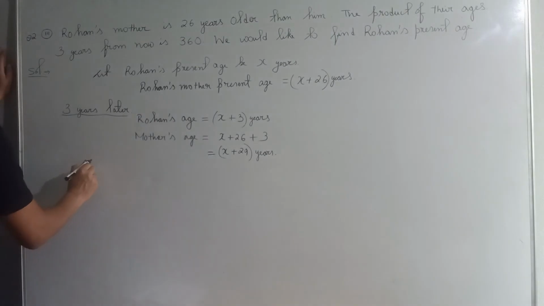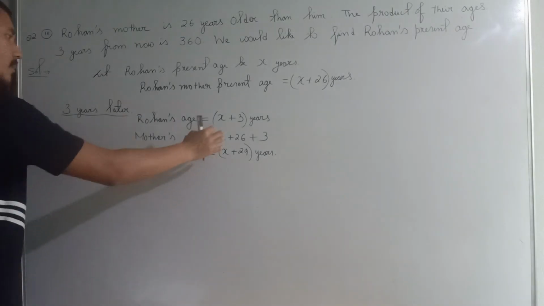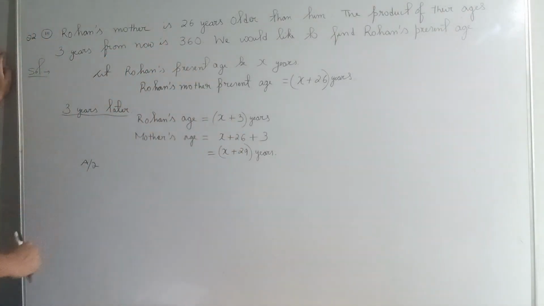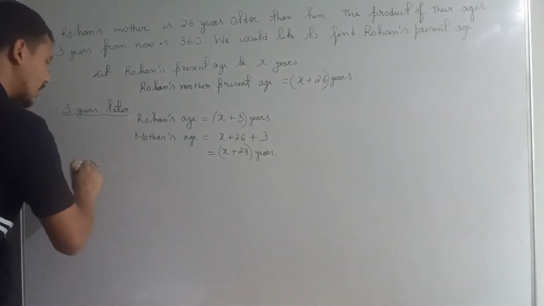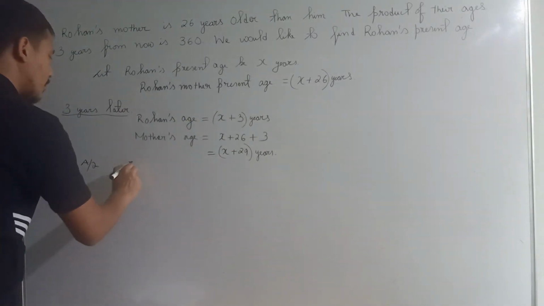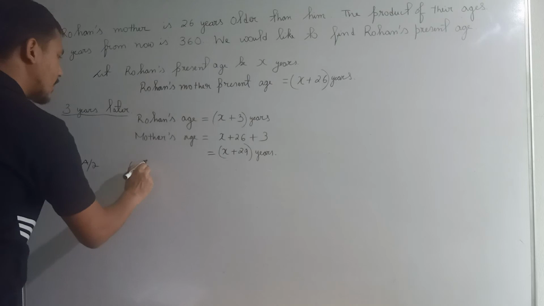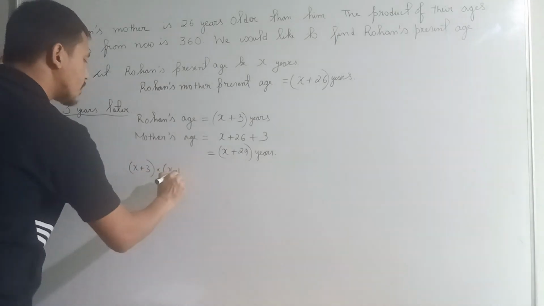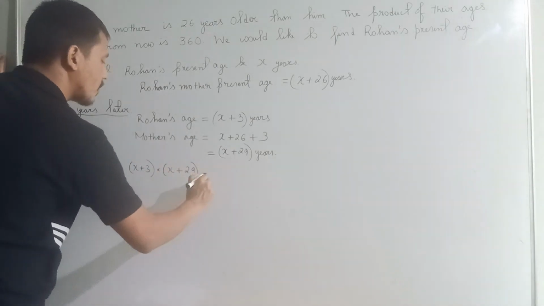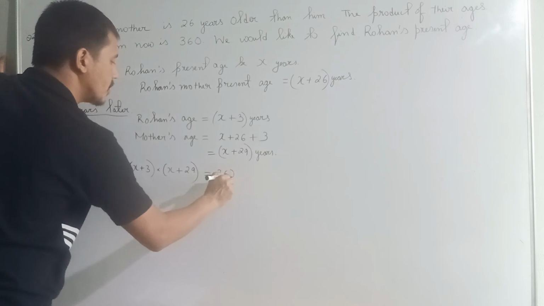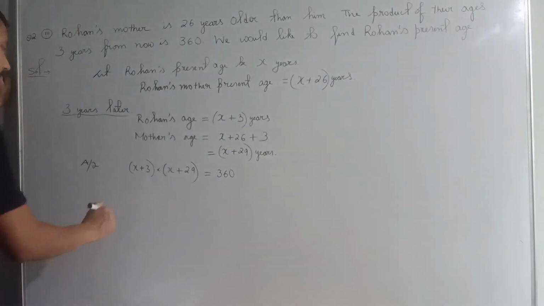Now, according to the question, after 3 years, the product of their ages will be equal to 360. So, the product of Rohan's age and his mother's age will be equal to 360.